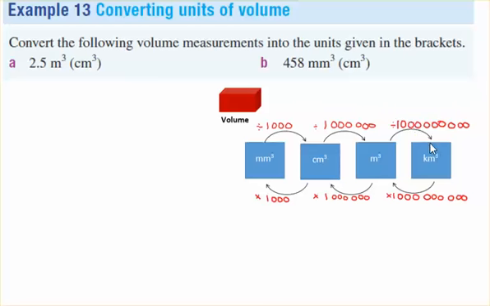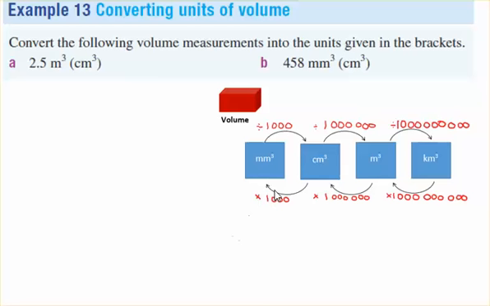Huge. And that's because we've just added in that other dimension of depth. Alright, remember that as you go from a smaller unit to a larger unit, we divide all the time, and going from a larger unit to a smaller unit, we multiply.